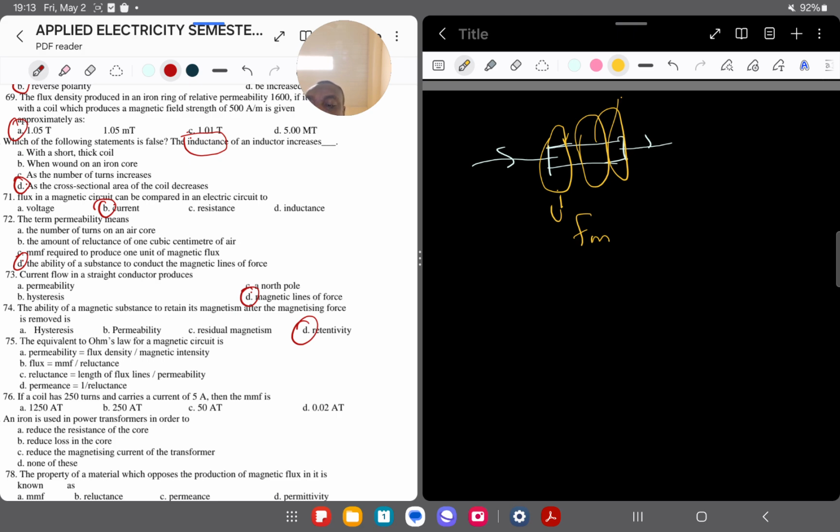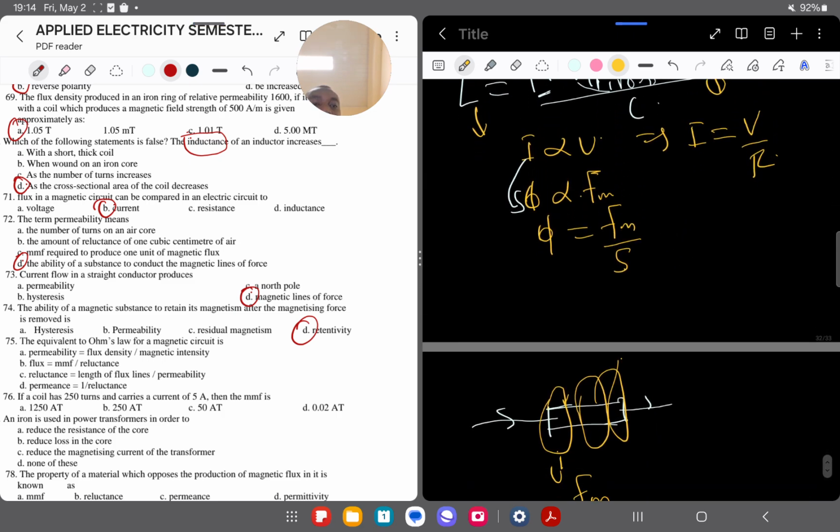Question 75. The equivalent to Ohm's law for a magnetic circuit. In Ohm's law, the current is directly proportional to the voltage supply. In a magnetic circuit, the magnetic flux is directly proportional to the magnetomotive force, Fm.